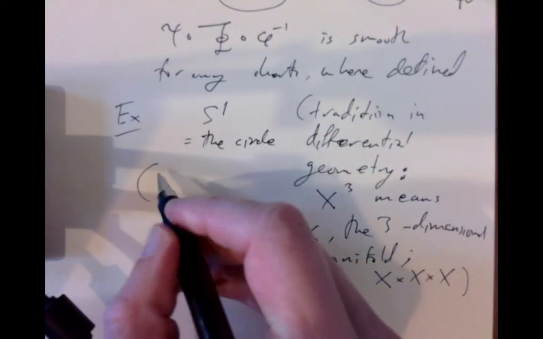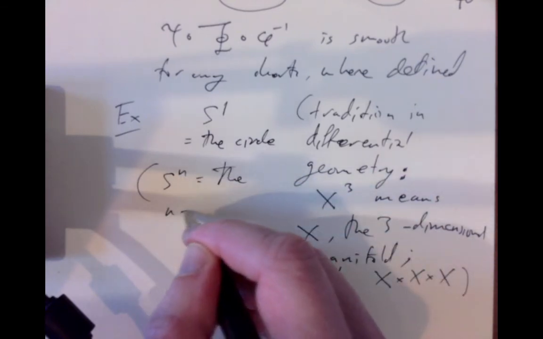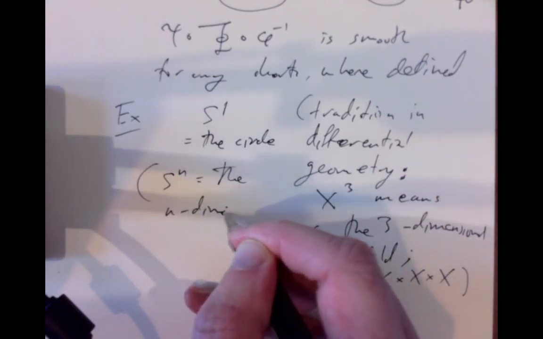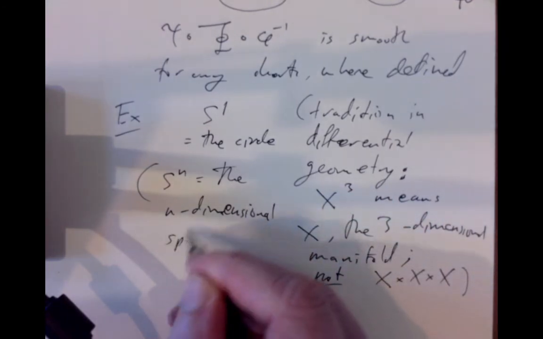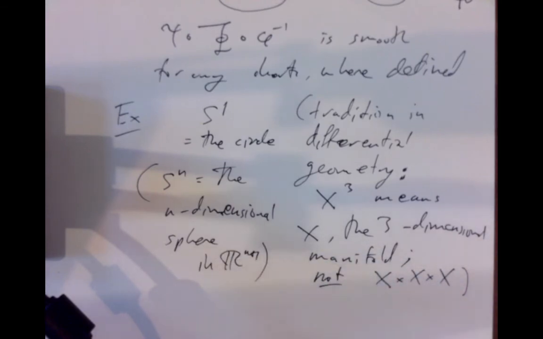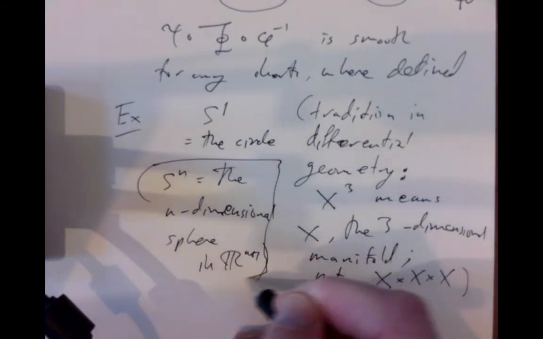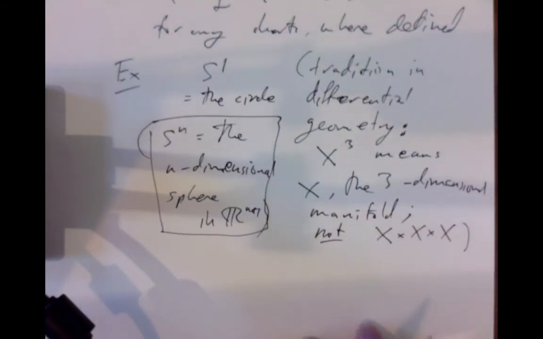And maybe just another parenthetical remark, Sn is the n-dimensional sphere. That's where the S1 comes from. The n-dimensional sphere in R^(n+1), the unit vectors in R^(n+1). So that's just a traditional notation in differential geometry.